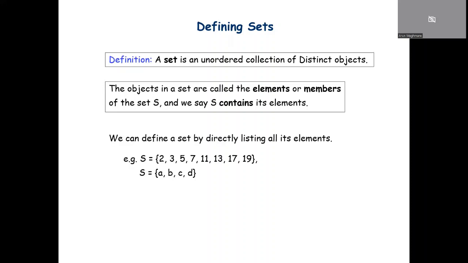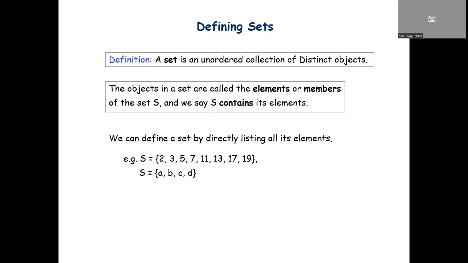We can define a set by directly listing all its elements. For example, S is equal to, you have to write it in curly brackets, {2, 3, 5, 7, 11, 13, 17, 19}.